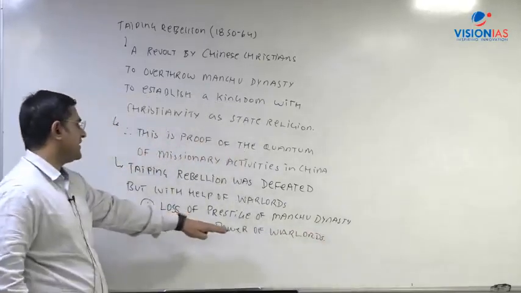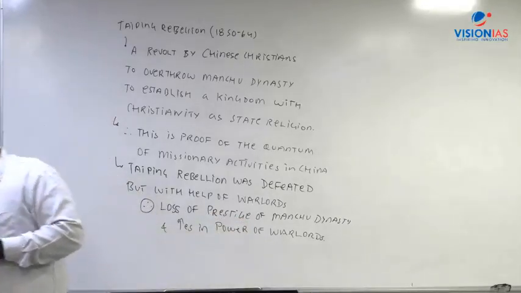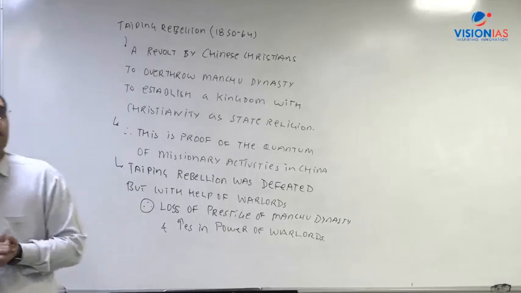Therefore, loss of prestige of the Manchu dynasty and increase in power of the warlords. This is what is happening. This is the impact. Okay, now you note it down.